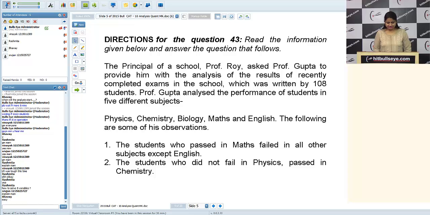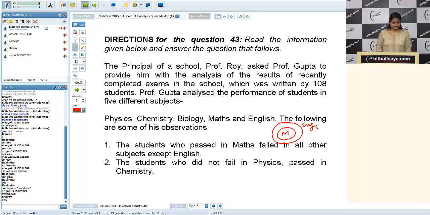The student who passed in maths failed in all other subjects except English. What do you mean by that? It means that the number of students who are passed in maths, they are also passed in English. It means if we talk about Venn diagram, the math circle will lie in English.